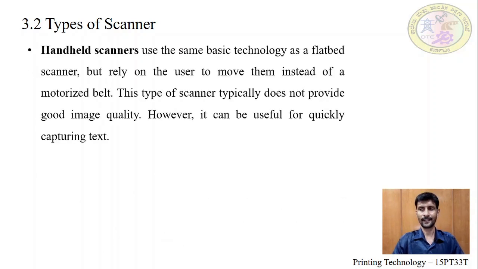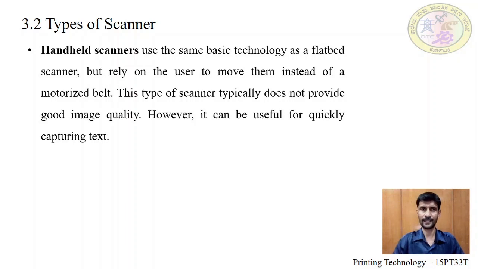Then we have handheld scanners. This is one of the portable scanners. The basic technology is based on flatbed principles, but it relies on the user to move it instead of a motorized belt. In the motorized belt, while scanning, the light will move from one end to another.